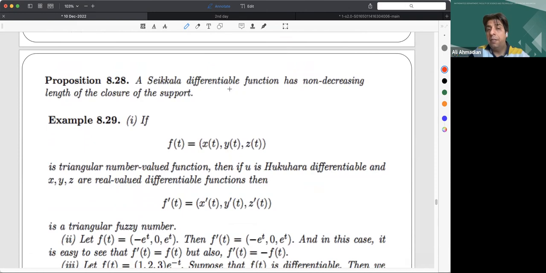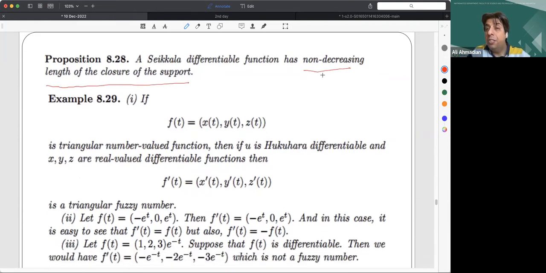If we have a function with non-decreasing length, then we can employ Seikkala. In other cases, we should switch to the generalized one and cannot use Seikkala differentiability.